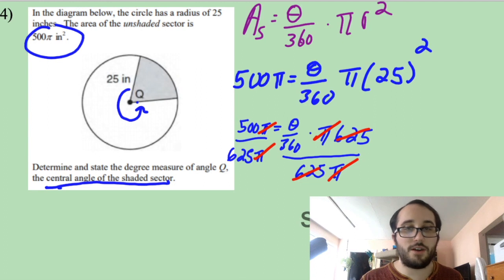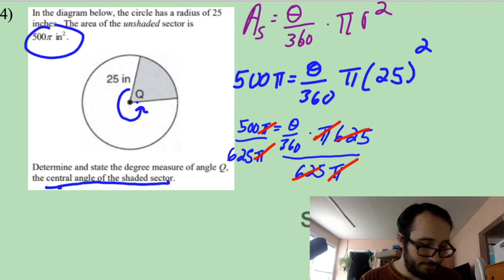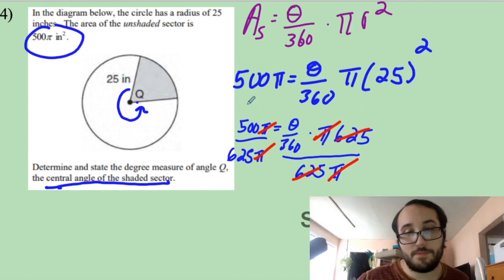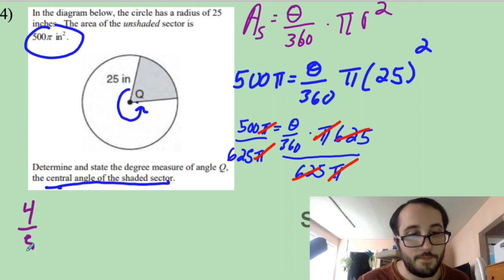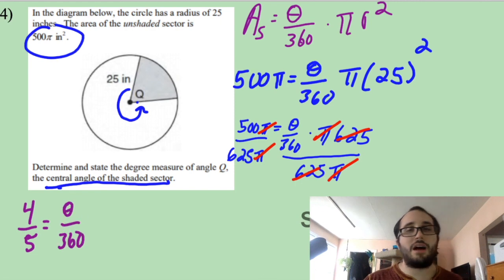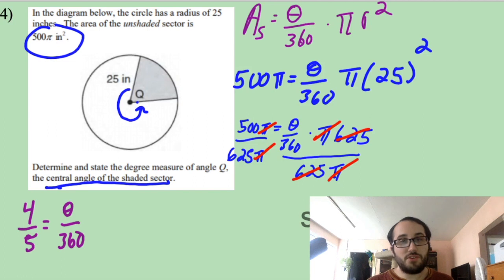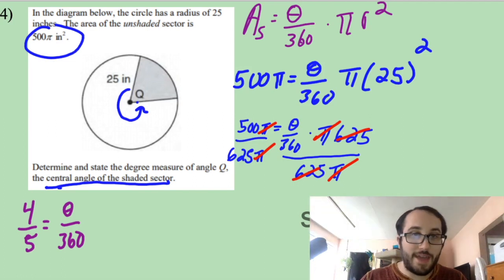If you do 500 divided by 625 on your calculator, that's 0.8, and 0.8 is 4/5. So this fraction on the left becomes 4/5 equals theta over 360. I know a lot of you are screaming at me, Mr. D'Souza, just cross multiply. In this case, if you do that, you're actually making yourself do more work. I want theta by itself.